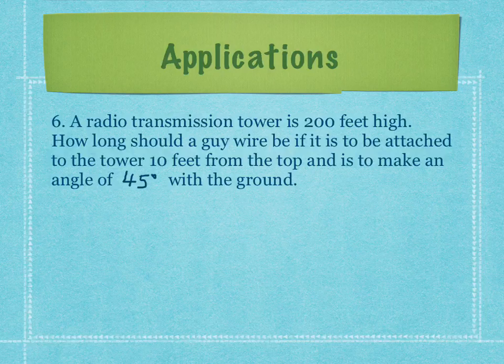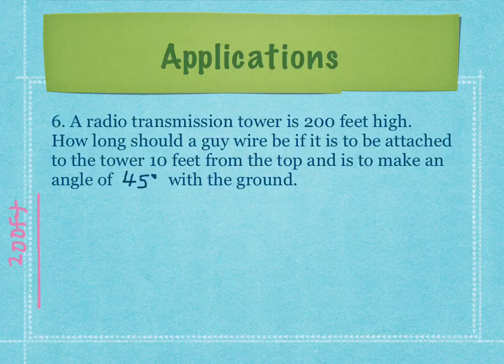So I need a picture because that's a lot of imagery. It tells me I've got a 200 feet high tower. So over here is my 200 feet. There's a 200-foot tall tower. It says that the guy wire is to be attached to the tower 10 feet from the top.